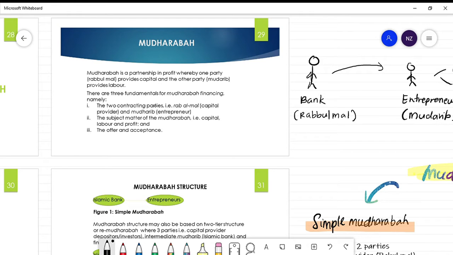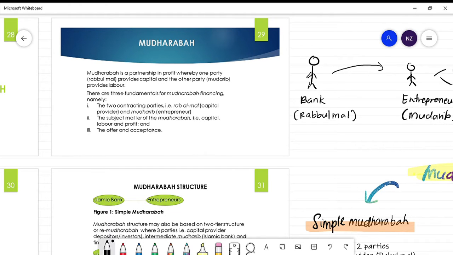The first element ialah Mudharabah financing ni mesti kena ada two contracting parties, iaitu tadi dua, Rab-ul-Mal ataupun Mudharib, and then mesti kena ada the subject matter of the Mudharabah, sebab kita under accounting for financing product punya chapter. So the subject matter is either the product itself, the capital, the labor and the profit.